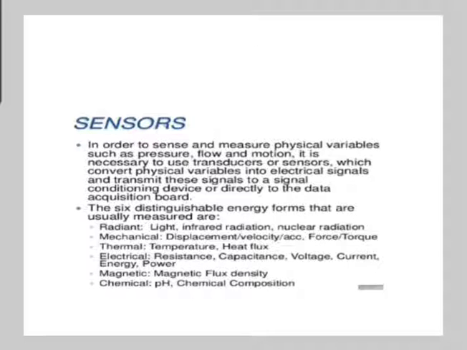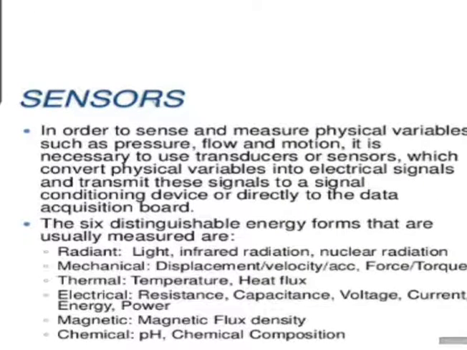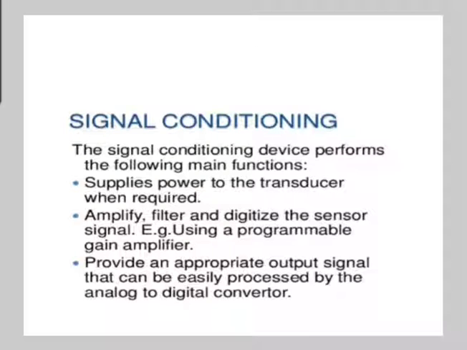Then the 6 distinguishable energy forms which are manually measured are radiant, thermal, electrical, mechanical, magnetic and chemical.